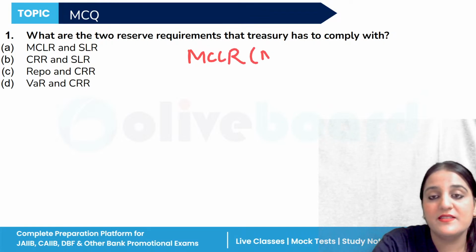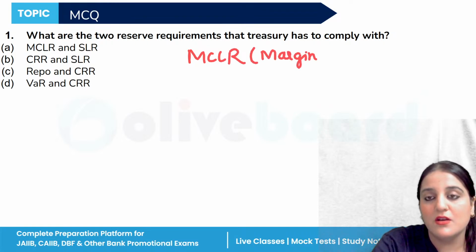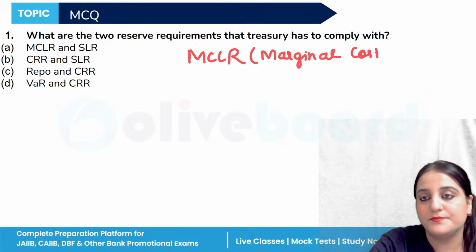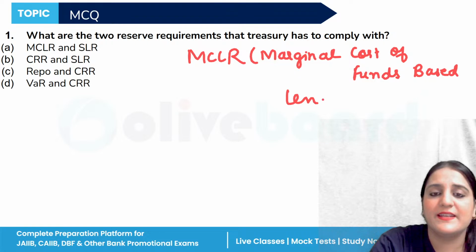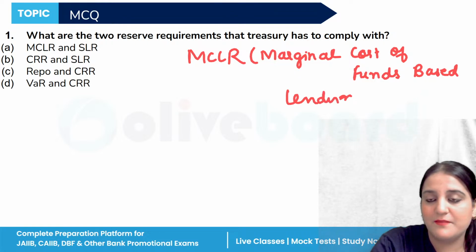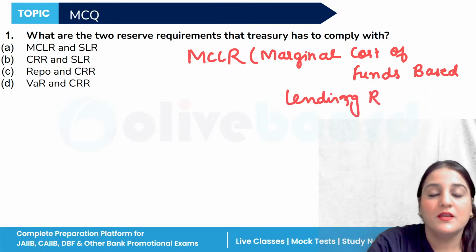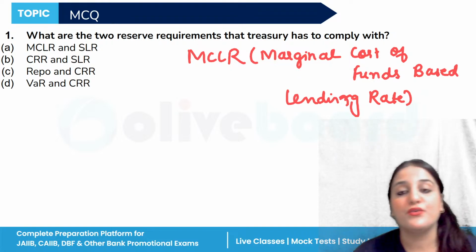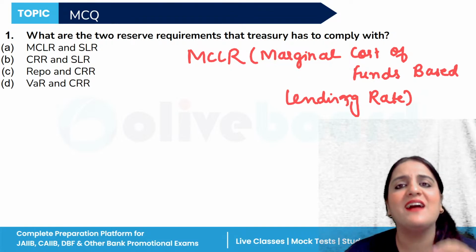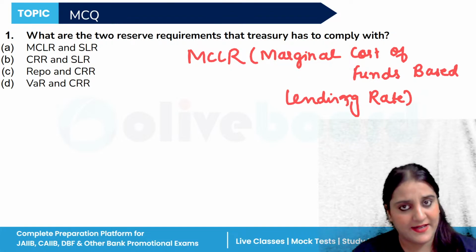We know that this stands for marginal cost of funds based lending rate. What does that mean? It is the minimum interest rate that a bank can lend at.